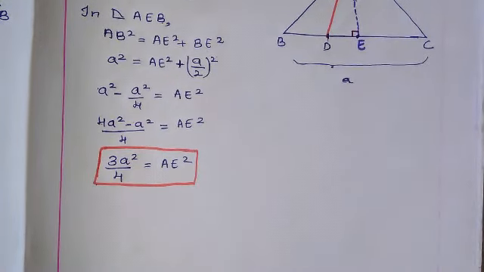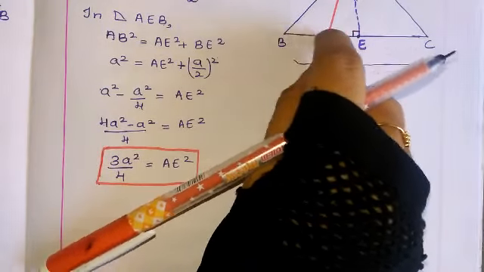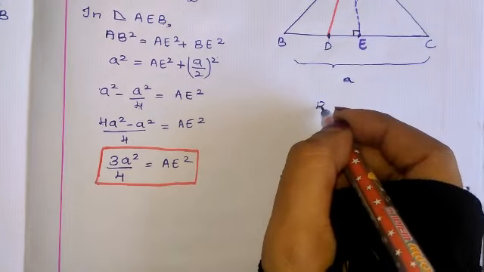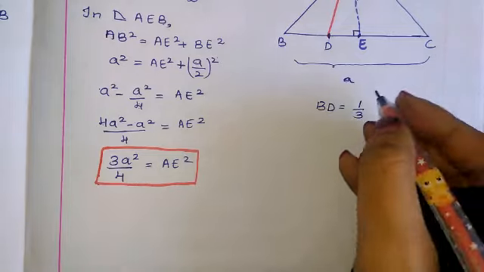Now, BD is given in the question. BD is equal to 1/3 of BC.